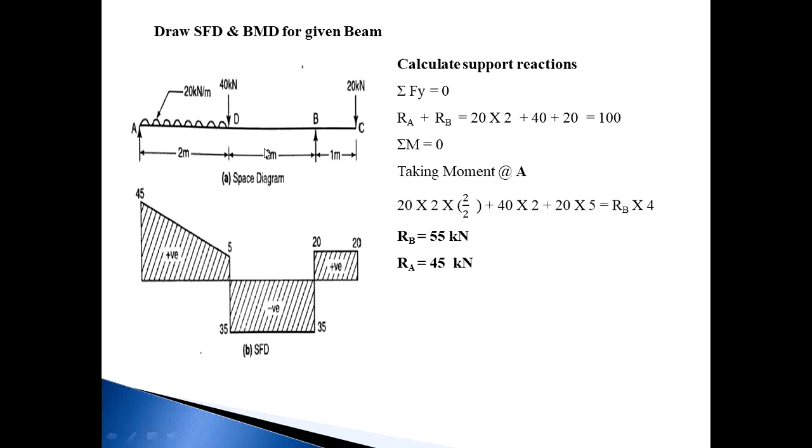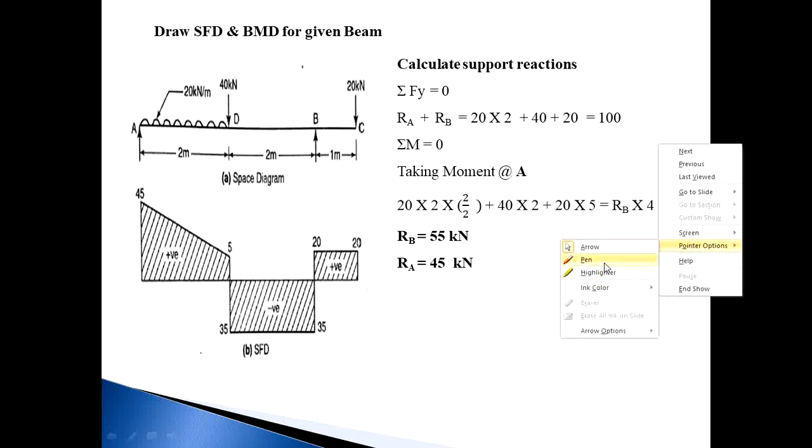So plot upward forces on one side and downward forces on the other side. Then RA plus RB is equal to, first, the UDL. Intensity of UDL is 20 into length of UDL, which is 2. So 20 into 2 is 40. Then 40 kilonewton and 20 kilonewton. So RA plus RB is equal to 100 kilonewton.